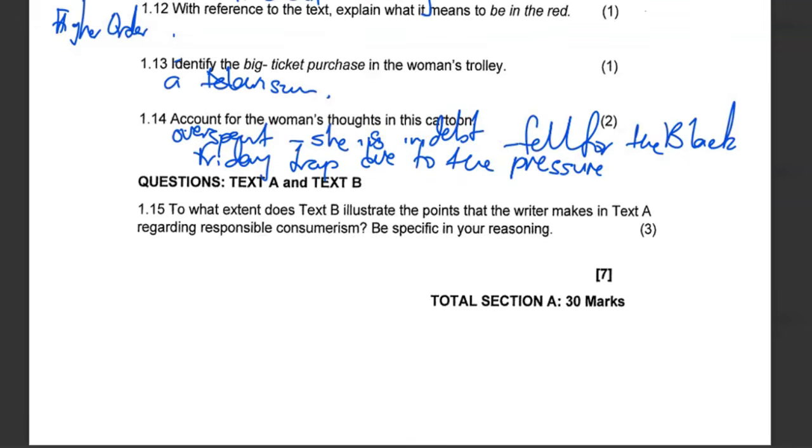Right, let's start with text B and understand the question. It says, to what extent does text B illustrate the points that the writer makes in text A regarding responsible consumerism? Be specific in your reasoning. All right. One of the things we should start off with is text B. Responsible consumerism, they say.